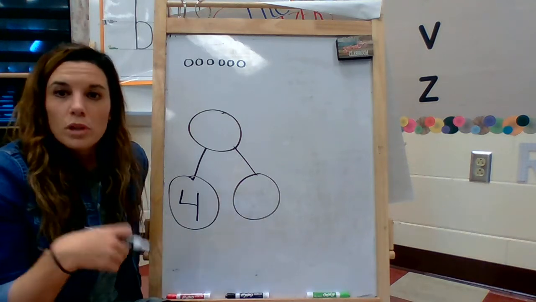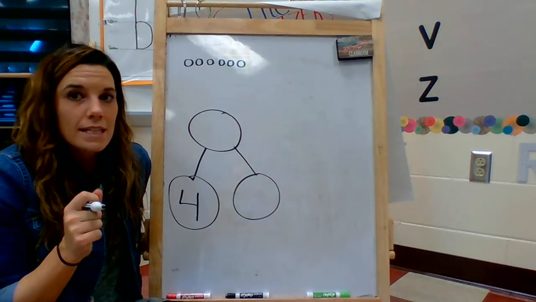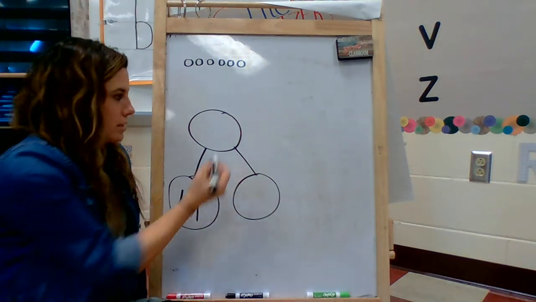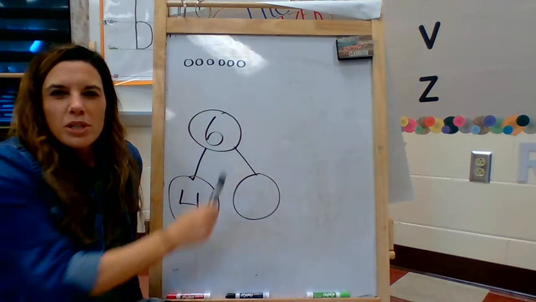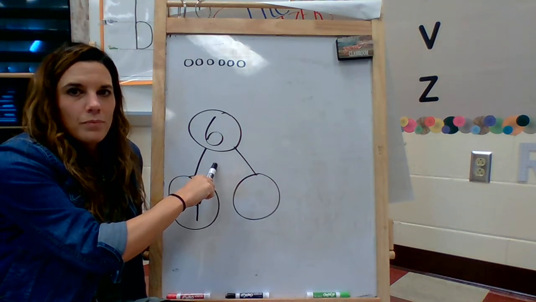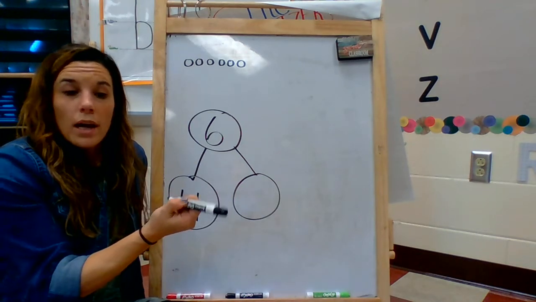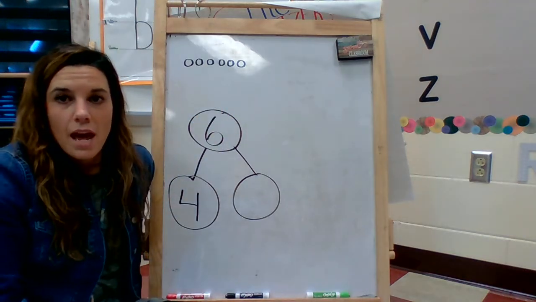Then, some more bears joined them, and at the end of the day, there were 6 bears playing in the woods. Why did I write the number 6 up here? Does anybody know? Well, it's because this is how many we ended up with at the end of the day.